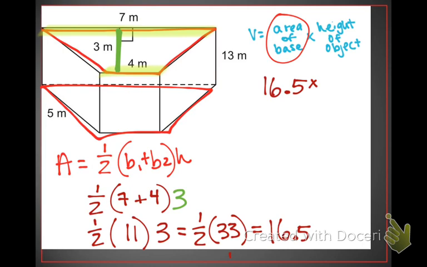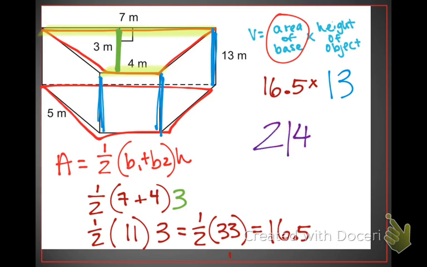So what is the total height that's pushing apart the two trapezoids? 13. What is 16.5 times 13? 214.5. And that would be meters cubed.